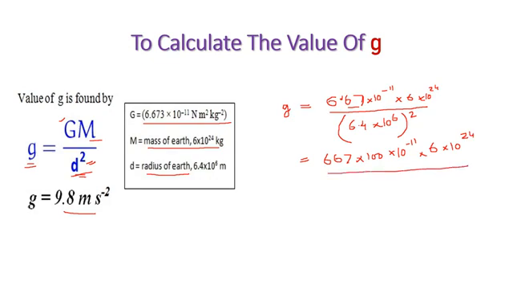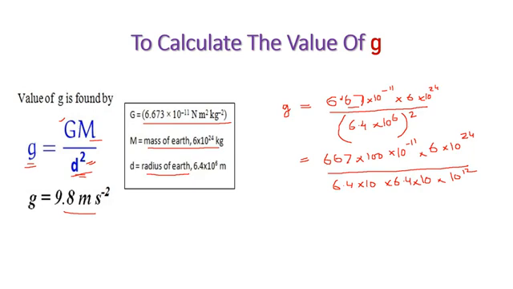For 6.4 into 6.4, to remove the decimal I can multiply here by 10, and again by 10 for the other 6.4, and then 10 to the power 6 into 2, which is 12. Why have we multiplied 6.4 twice?